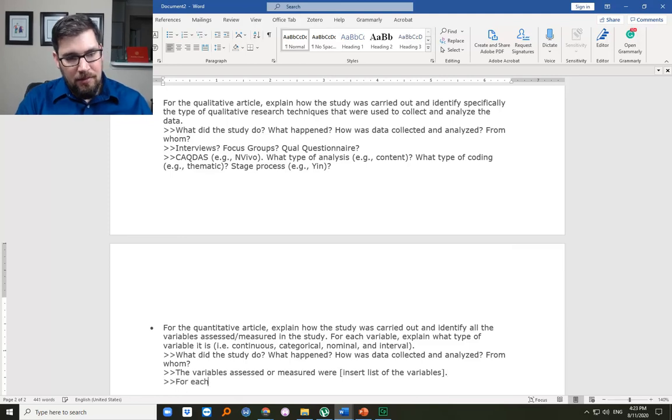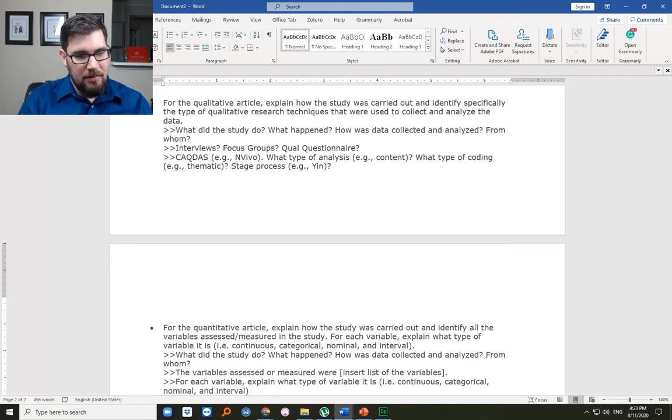Then it's these options you want to identify, and hopefully why you are sure that it is either continuous, categorical, nominal, or interval for each variable.